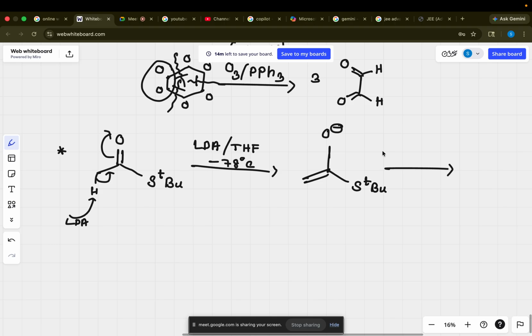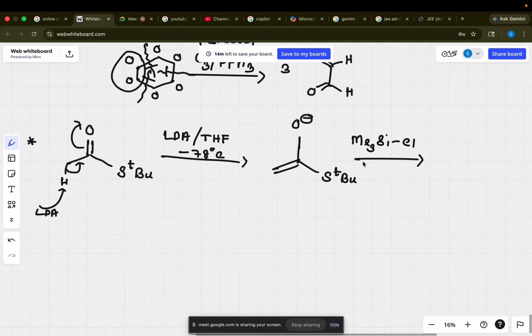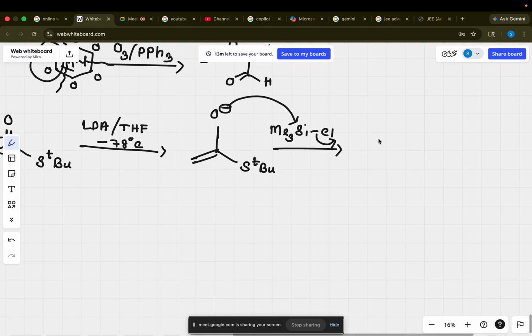Now suppose you are using here this trimethyl silyl chloride. Now tell me what will be the compound, what will happen? Silicon oxygen bond will form, right? So basically O minus will directly attack on the silicon center, chlorine will leave from here.